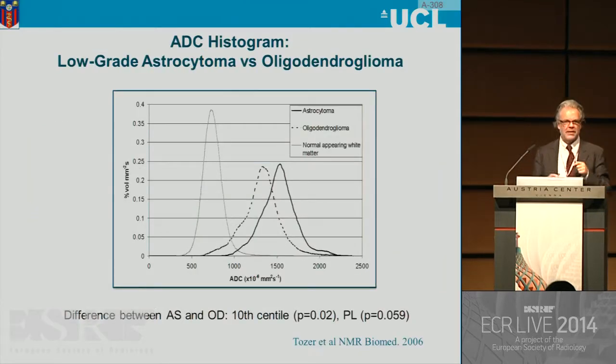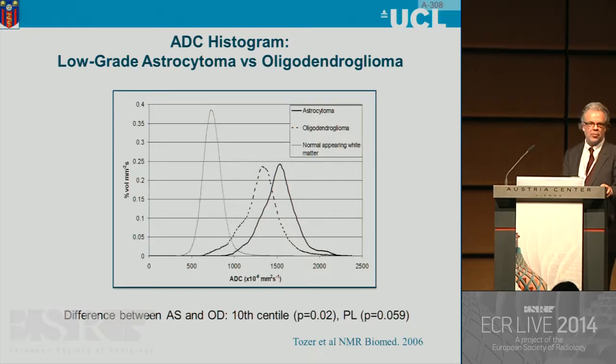We come to more practical things. We noticed earlier, in a publication from our group, that you could differentiate low-grade astrocytomas from low-grade oligodendrogliomas by doing histograms, looking at the distribution of ADC values throughout the whole tumor. In oligos, they are lower than in astros, but both are much higher than the normal white matter.